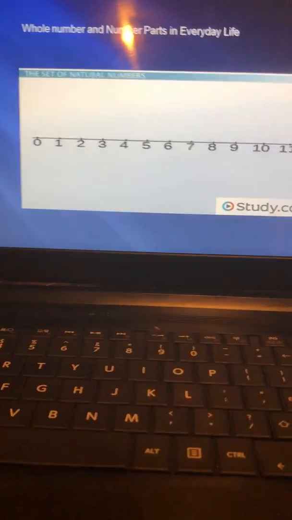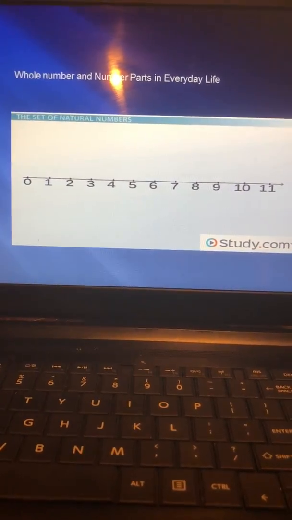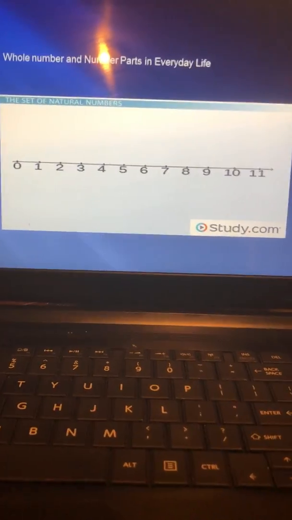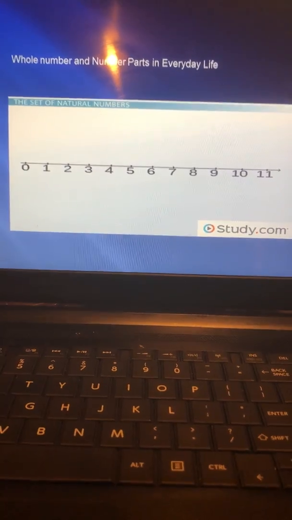You also want to make sure that you know the difference between your whole numbers and your number parts in your everyday life. For each set of whole numbers, they're going to call it your natural numbers. So those would be the numbers that you learn throughout your life. Your number parts. So middle school, elementary school, preschool, kindergarten, you learn to count.